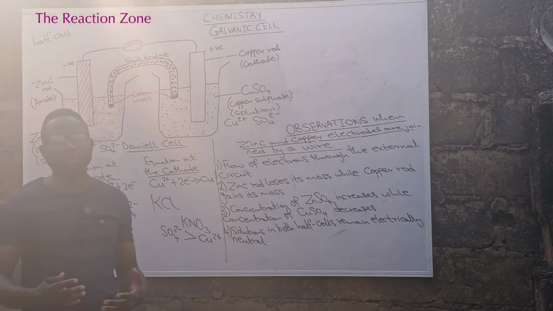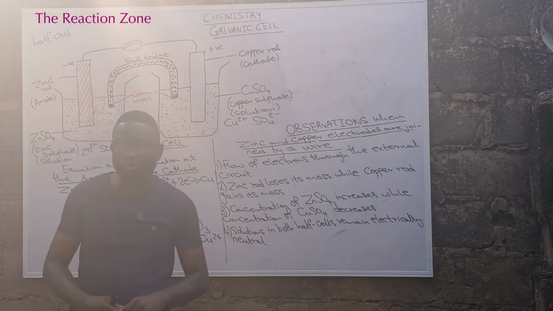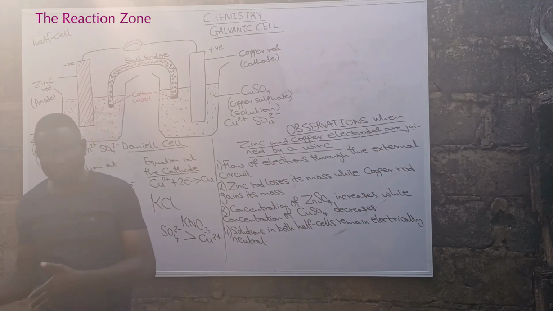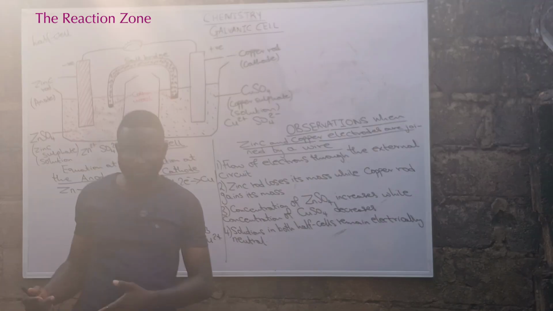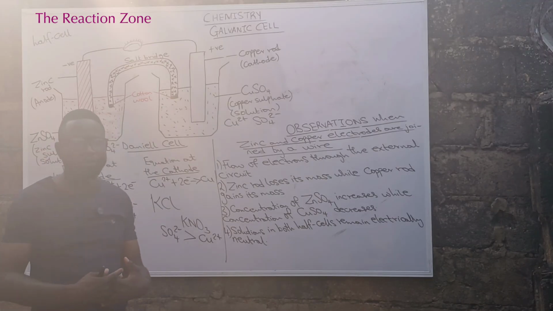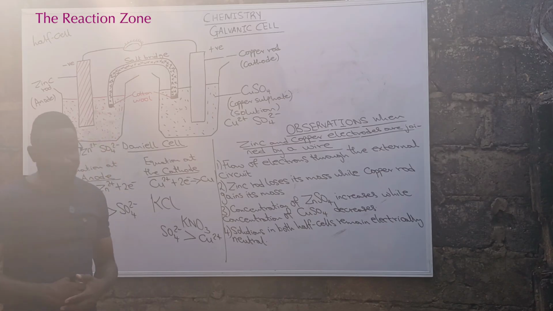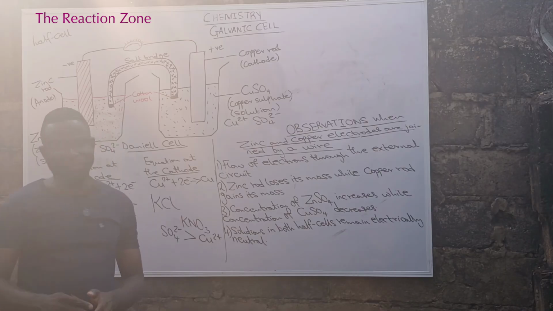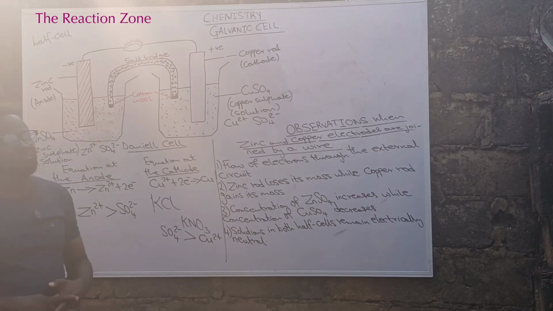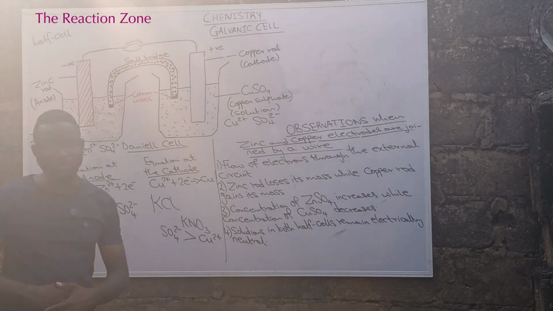So this is how spontaneous redox reactions lead to the generation of electricity in the Daniell cell. So I want to believe that this explanation of the Daniell cell as an example of a galvanic cell is clear.